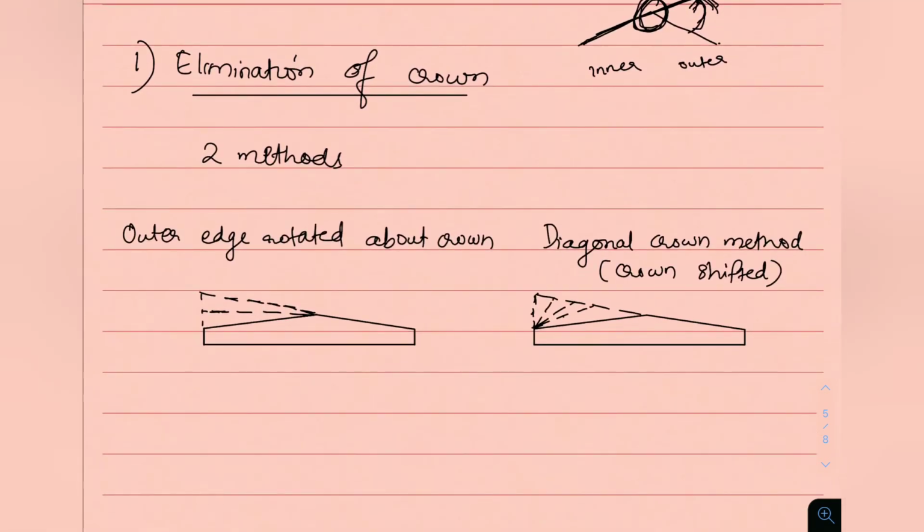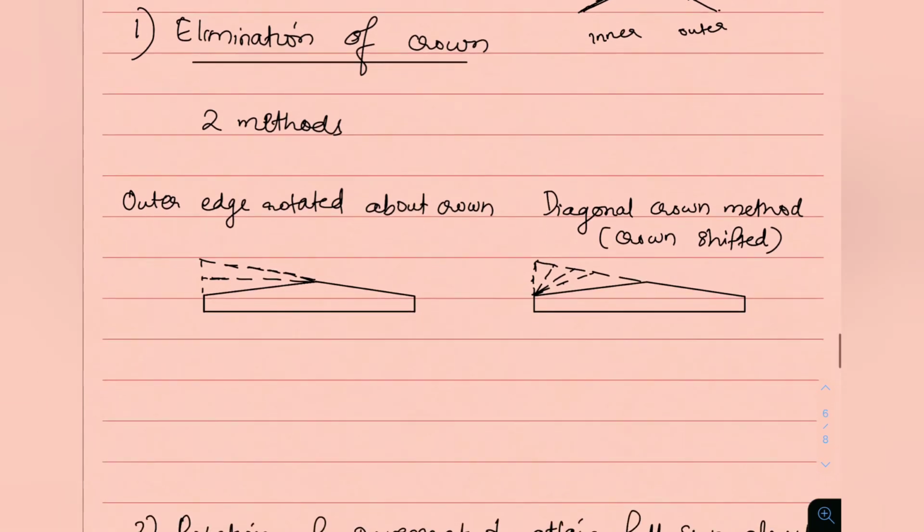Elimination of crown can be done in two ways. See here, this is the outer edge and this is the inner edge. Here also, this is the outer edge and this is the inner edge. Here we are rotating about this crown portion, so there won't be any negative super elevation. That will be very easy for vehicles to travel.